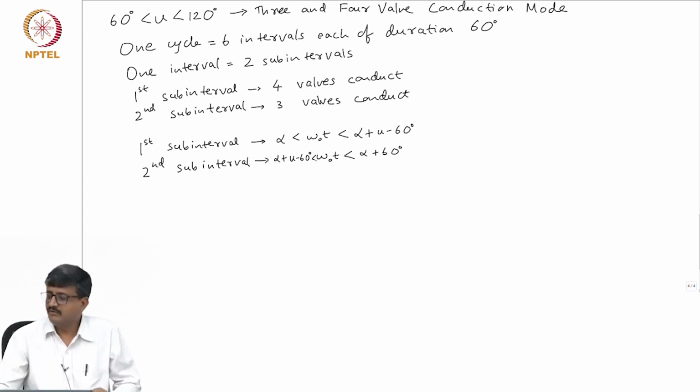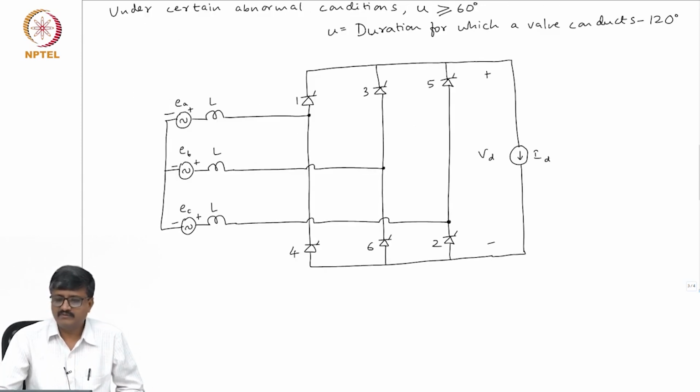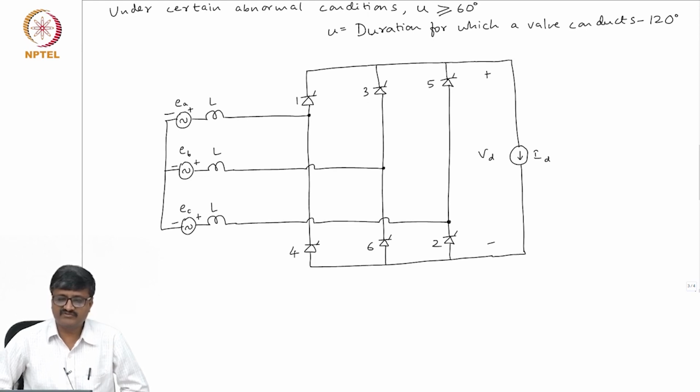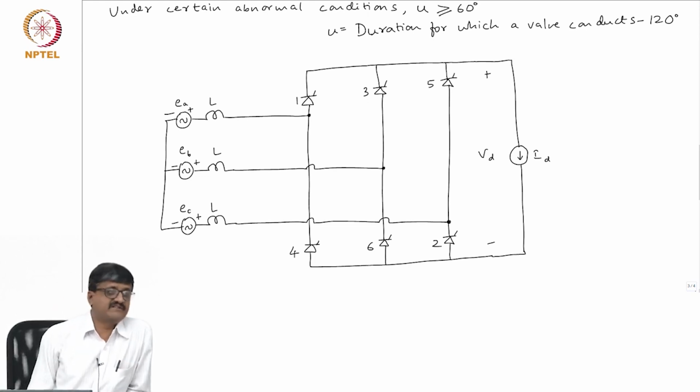Now, what I will do is I will try to redraw this circuit for one interval at a time, say the first interval, by just showing those elements which conduct.